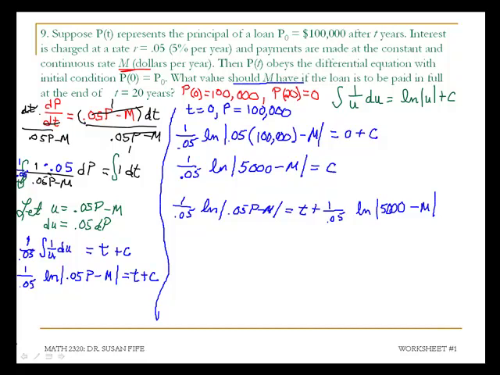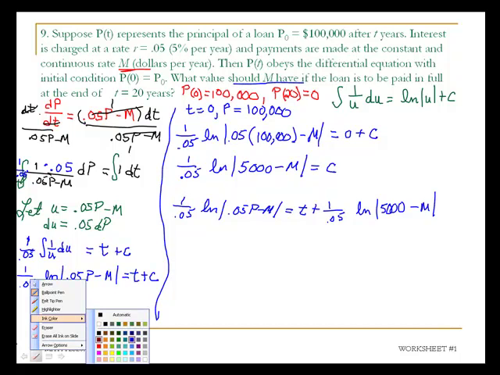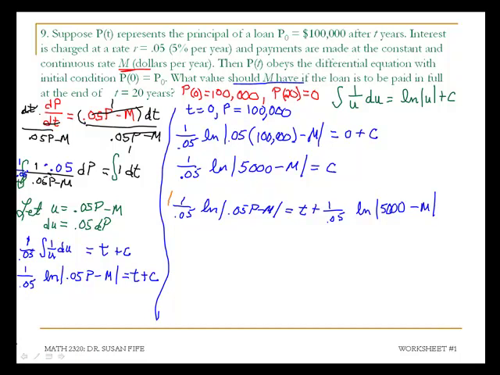And I'll do that after getting rid of this coefficient. So let's first take this entire equation and multiply by 0.05 so that we have natural log of (0.05 P minus m) equals 0.05 t plus natural log of (5,000 minus m).